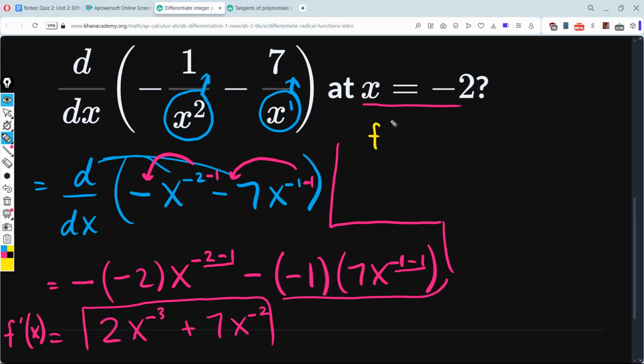If we were to do f prime of negative 2, that's going to be 2 times, we're plugging in negative 2 to the power of negative 3, plus 7, and negative 2 to the power of negative 2.